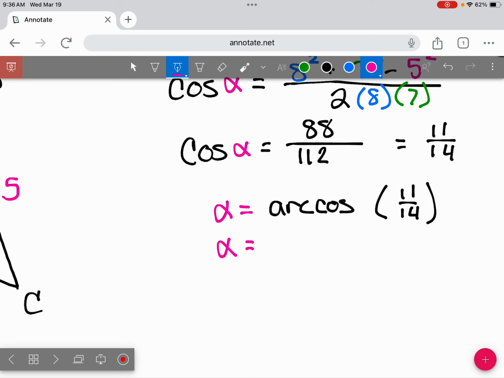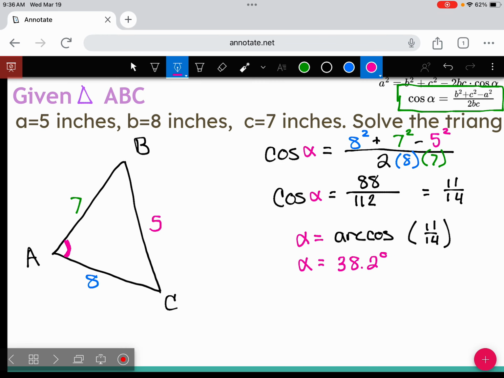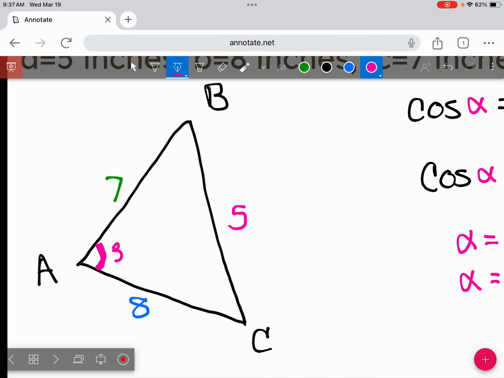It should not be 99. 38.2. So now we know that alpha is 38.2.